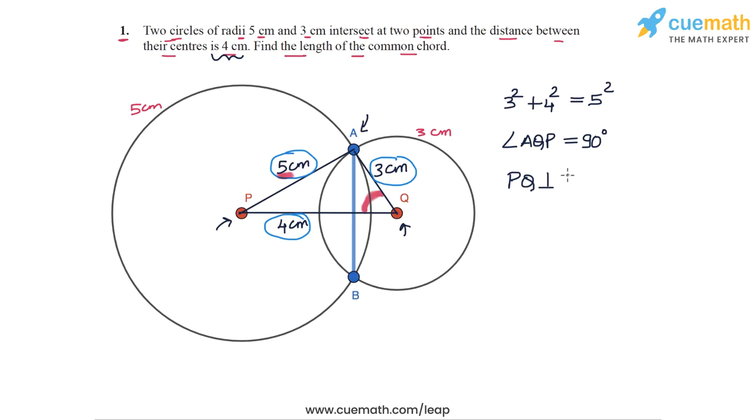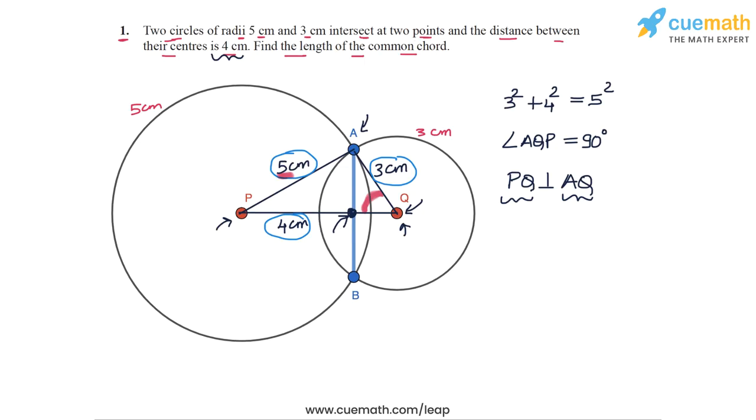So PQ must be perpendicular to AQ. Now the only way that PQ can be perpendicular to AQ is if Q, this center, itself lies on the common chord. I have not drawn it that way in this figure, but if Q were, for example, this point here, then PQ and AQ would be perpendicular.